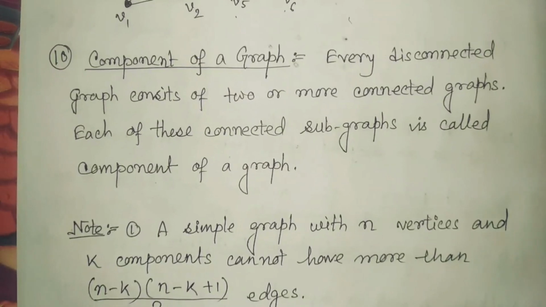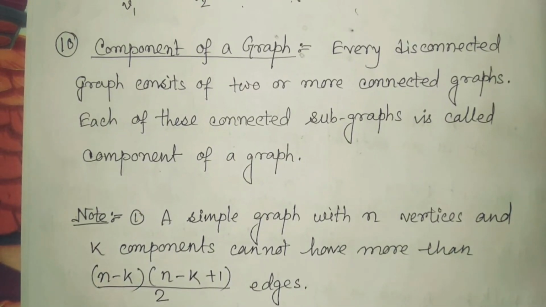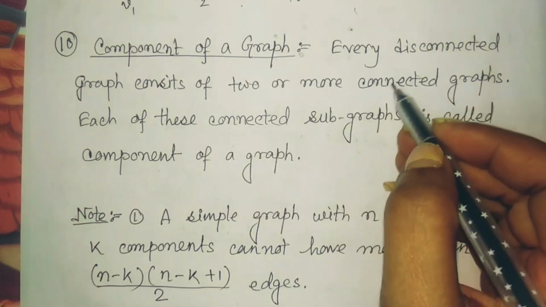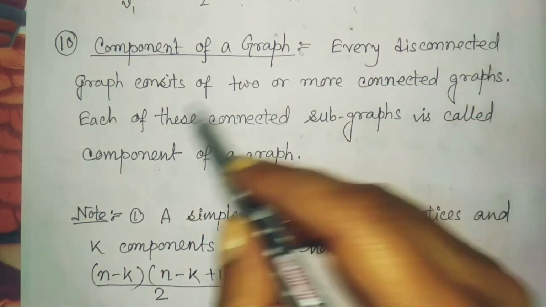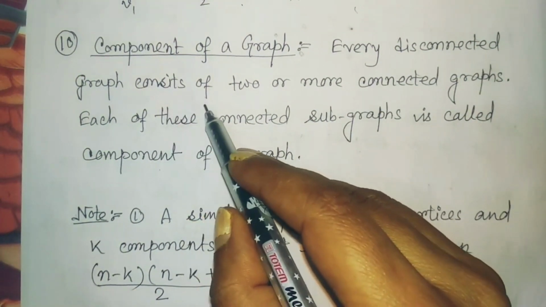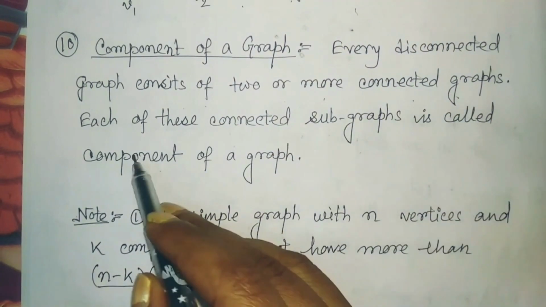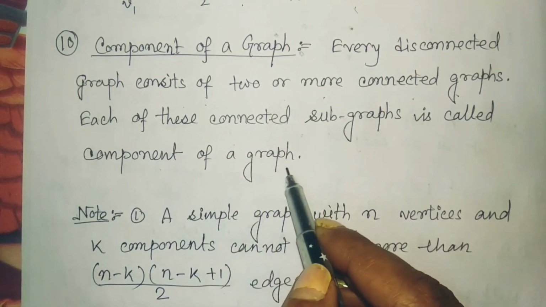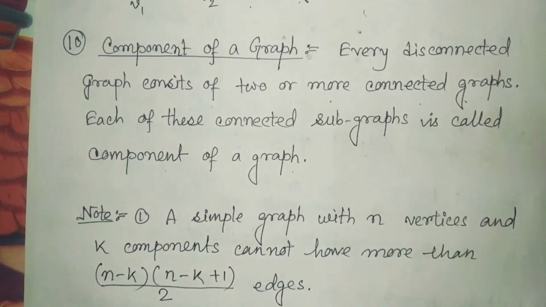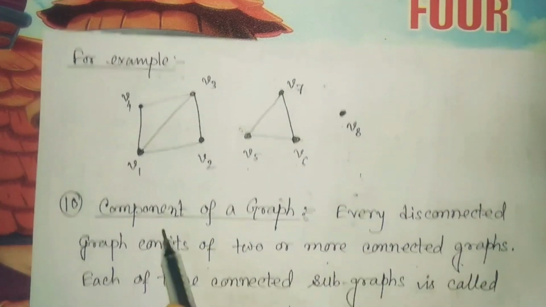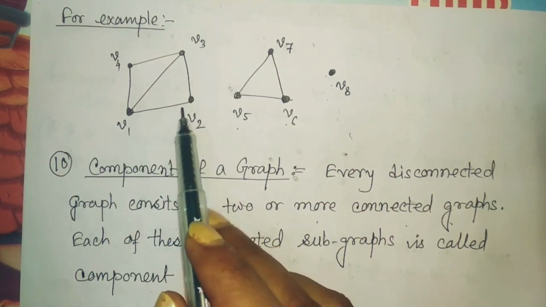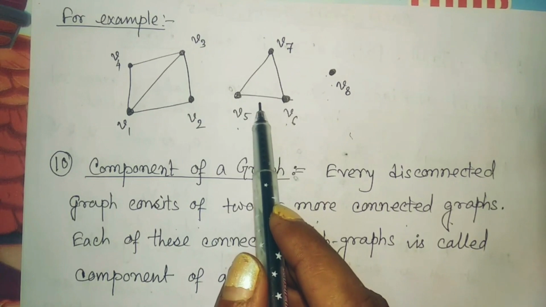Then the component of a graph. A component of a graph is what we get from a disconnected graph. Every disconnected graph consists of connected subgraphs, and each of these connected subgraphs is called a component of the graph. So what do you mean by the component of a graph? Any graph, if it is disconnected, has a minimum of 2 parts or more.